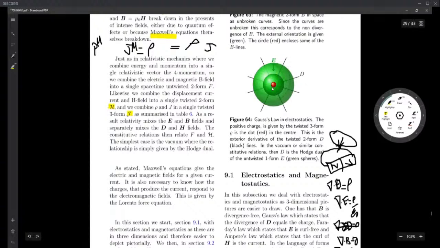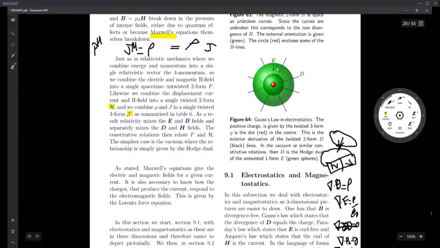I can look at this to cause these field lines, or I can consider the field lines themselves to be fundamental, which is what we're doing when considering this three form rho as the twisted two form of these black lines. Twisted two form, as in more visual sense. Again, whenever I say two forms or one forms, think grid lines, really weird grid lines that can be spaced out or spaced in.